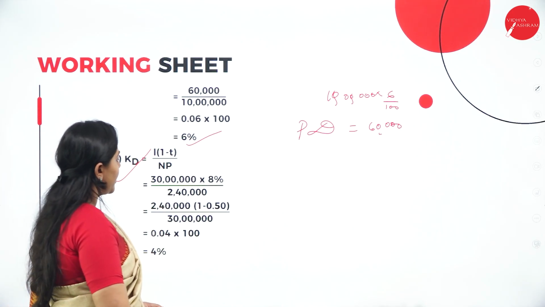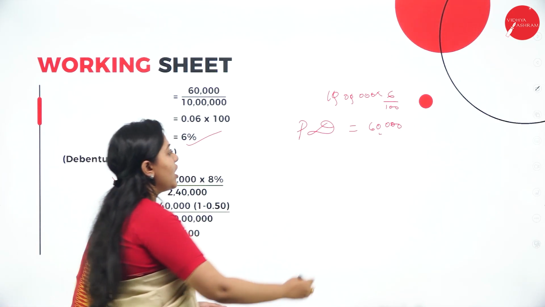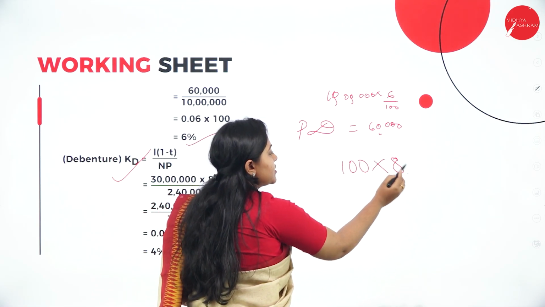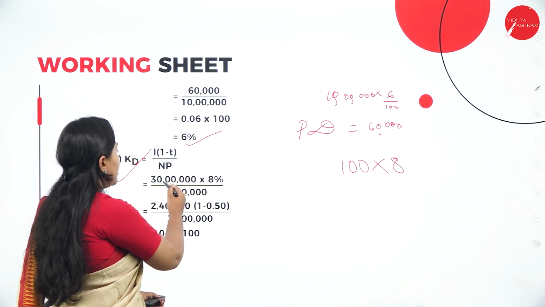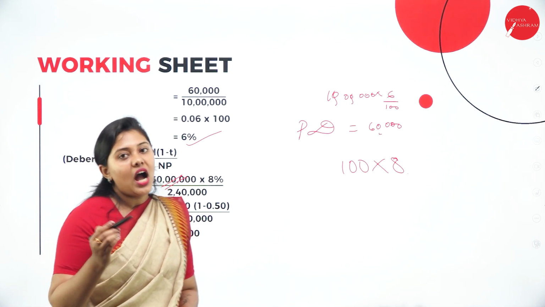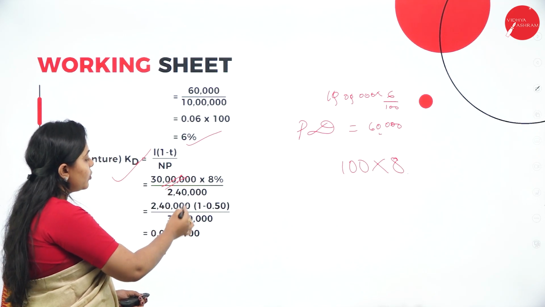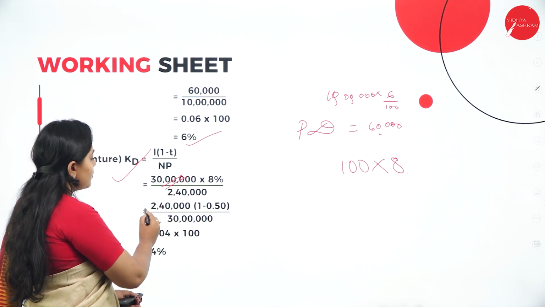So interest, as I have told you, my dear students, it also can be taken up on 100 rupees face value. 100 into 8%. If you do it also, the answer will be similar. If you take up the whole amount, that is your 30 lakh amount also, the answer will be similar. So 30 lakh into 8%, it will be 2,40,000. So 2,40,000 will be what?